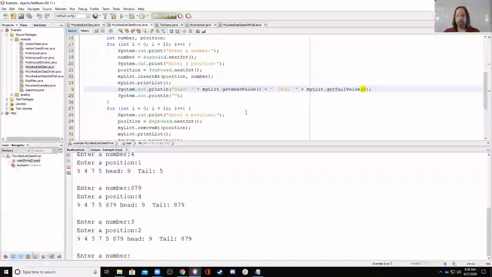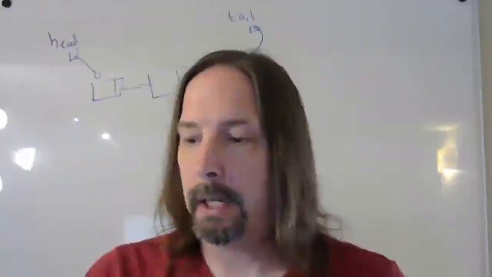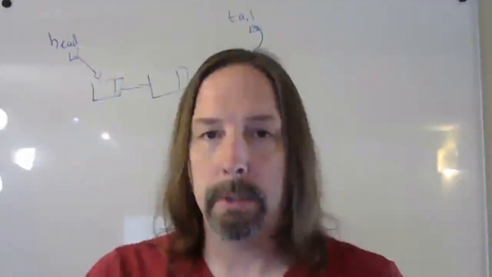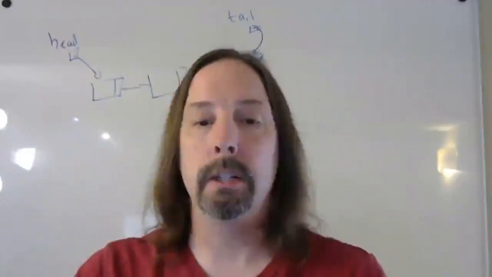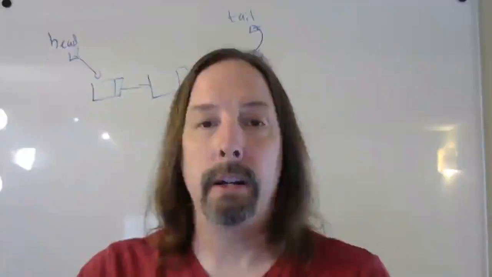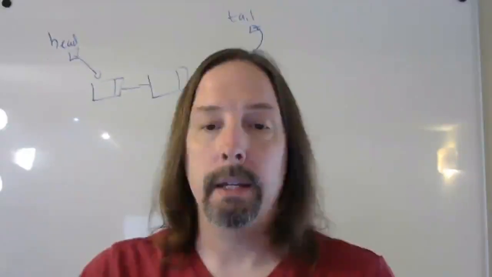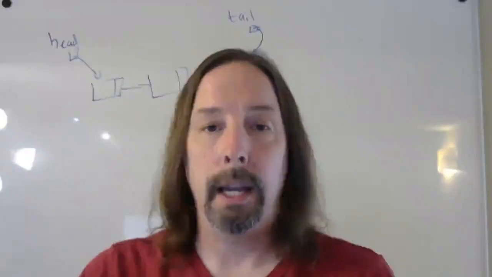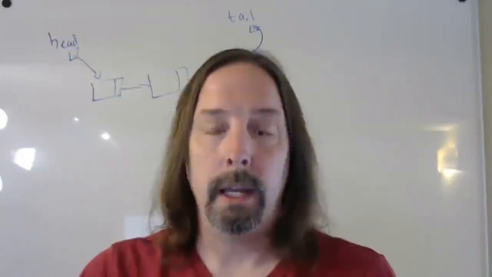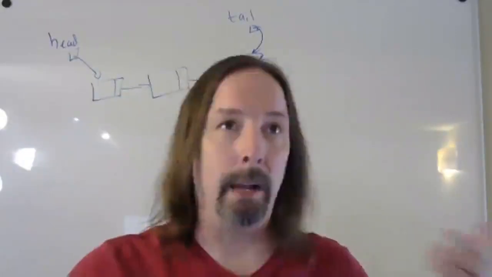So anyway, I'm going to stop the share because that's the end of that particular lesson. Now, essentially what we've done is we've modified this list so that it has an insert at head and remove at head, and then an insert at and remove at.